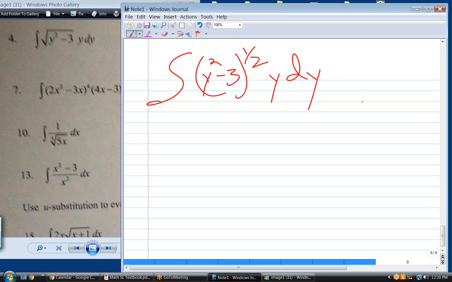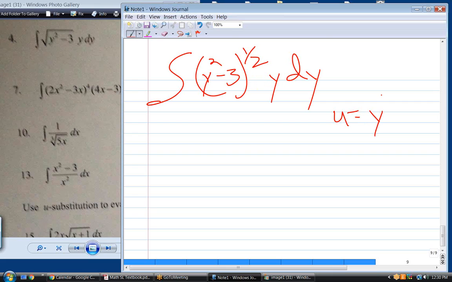And you don't always have to go through this U substitution. Sometimes all you need to do is just recognize that the derivative of the inside is 2y. So if I have a 2y there, I can just straight use the power rule. But I don't have a 2y there.